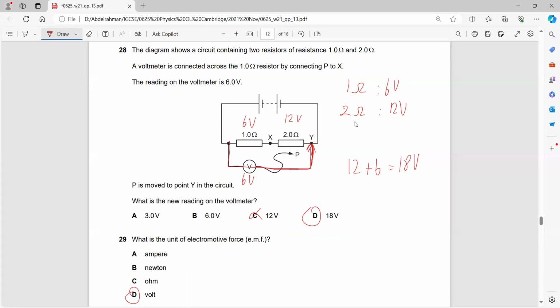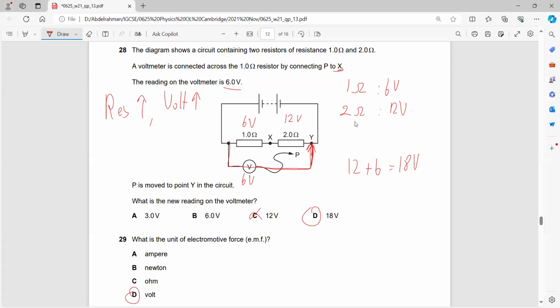The reading of the voltmeter is 6 volts when it is connected to X. We know for a fact that whenever you increase the resistance, the potential difference also increases, in a directly proportional ratio.